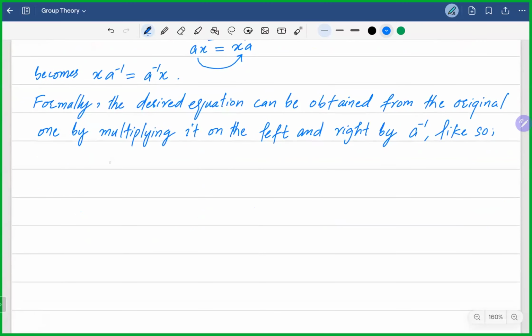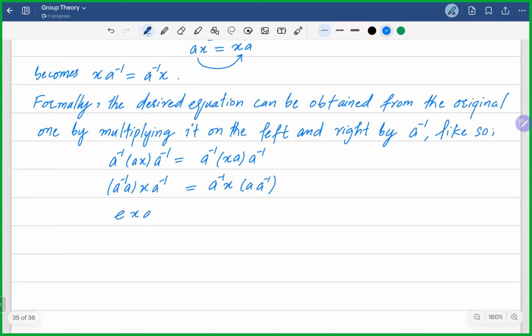So we would get A inverse AX A inverse. This is A inverse X A inverse. And now this side, A inverse A X A inverse, and this side A inverse X A inverse, and this is going to be E X A inverse.